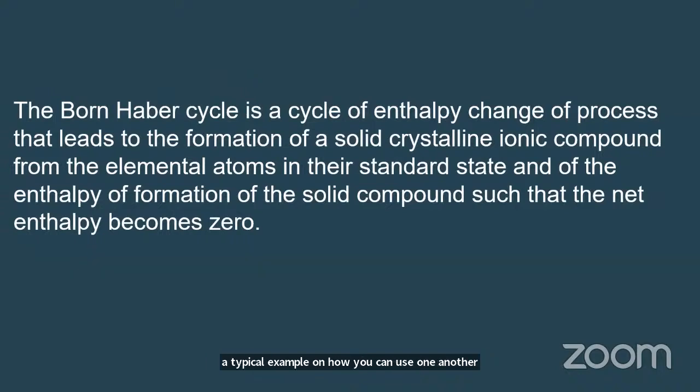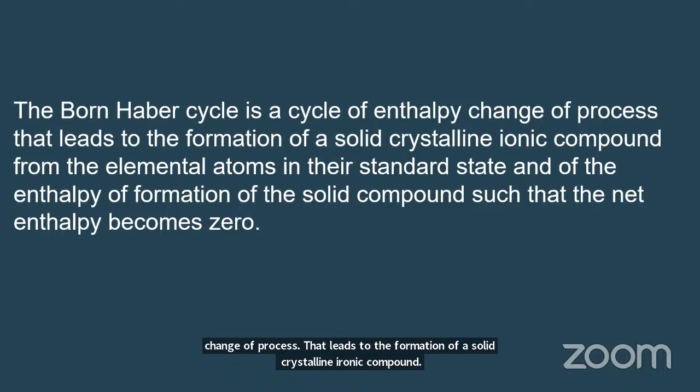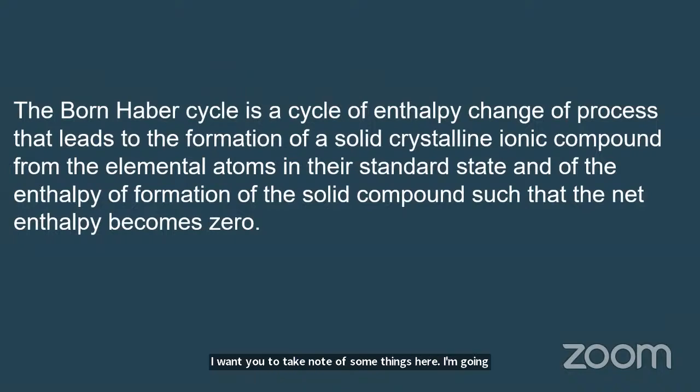Now, by definition, Born-Haber cycle is a cycle of enthalpy change of processes that leads to the formation of a solid crystalline ionic compound. I want us to take note of some things here. Formation of a solid crystalline ionic compound from the elemental atoms.